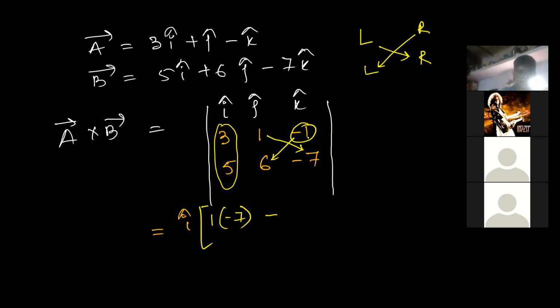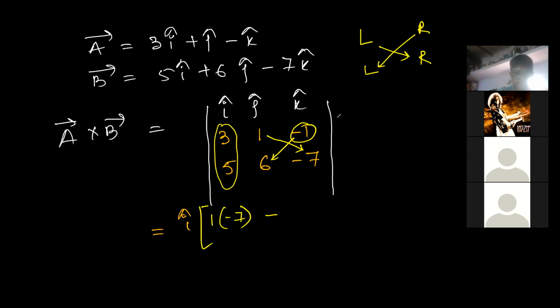Sir, we can do this also. Which one? No, no, no. Both of them will not be done here. We can only do this one. That means 1 should be multiplied with this -7, and -1 should be multiplied with this 6.